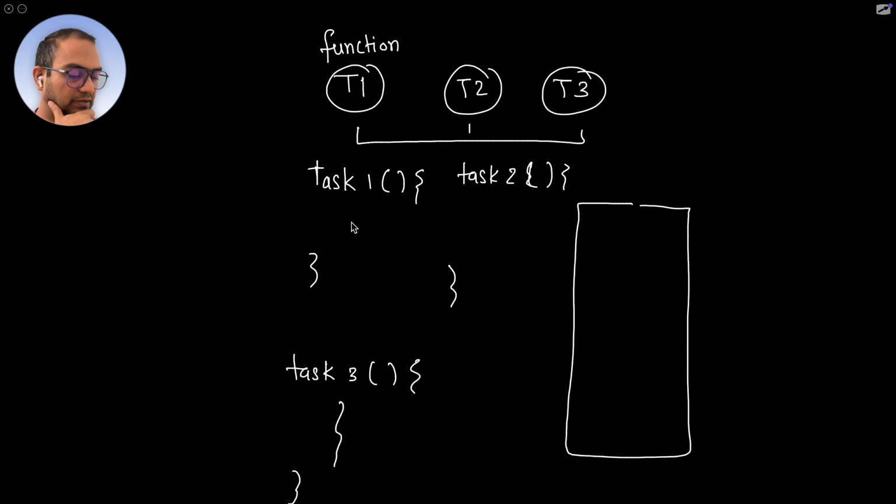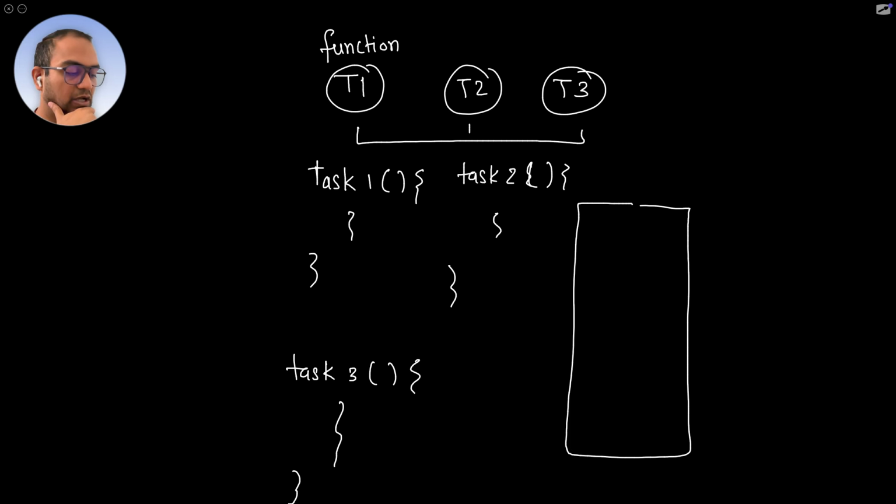So these are the three functions. What we will assume right now is they take no arguments and they don't return anything. So it's like a void function: it doesn't return anything and it doesn't take anything as a parameter.